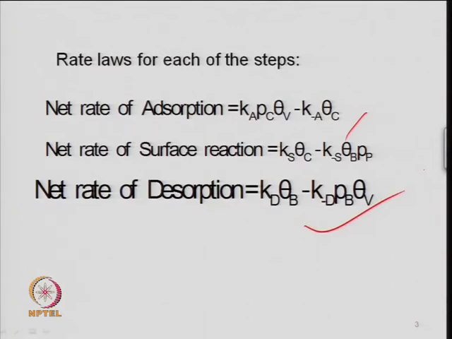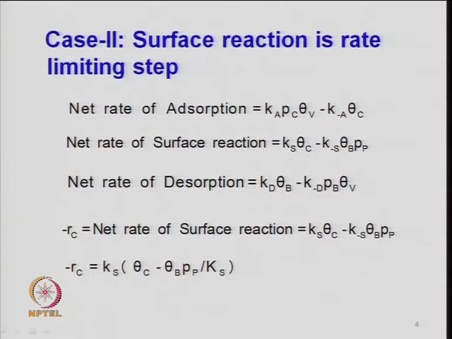So, either step A may be rate controlling, or B, or C. Any step may be rate controlling when you devise a mechanism, right. You need to do some characterization to identify whether it is possible or not, and then you can demystify. So, here in this rate postulation, in the first step we assumed that adsorption is rate controlling, and in the second case the surface reaction may be the rate determining step, right.